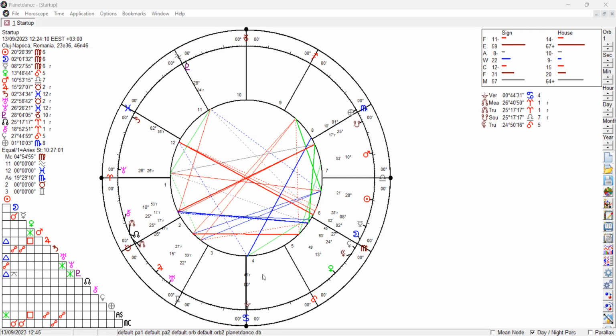It has a lot to do with our past family-wise. It has much to do with our own parental instincts, our maternal side, paternal side, our relationship with children, our nurturing energies.